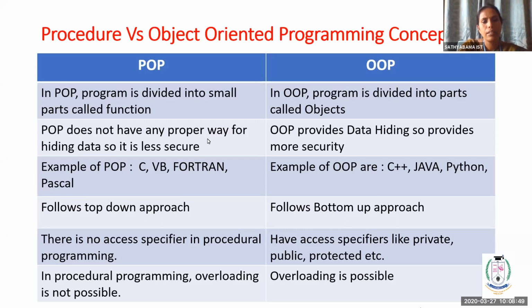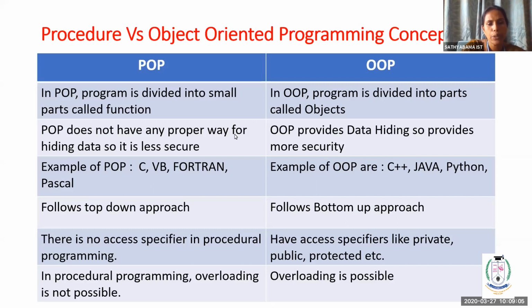There is a major question raised in placements, from the placement point of view. What is the major difference between procedure-oriented programming and object-oriented programming? Your interviewer may ask this question.